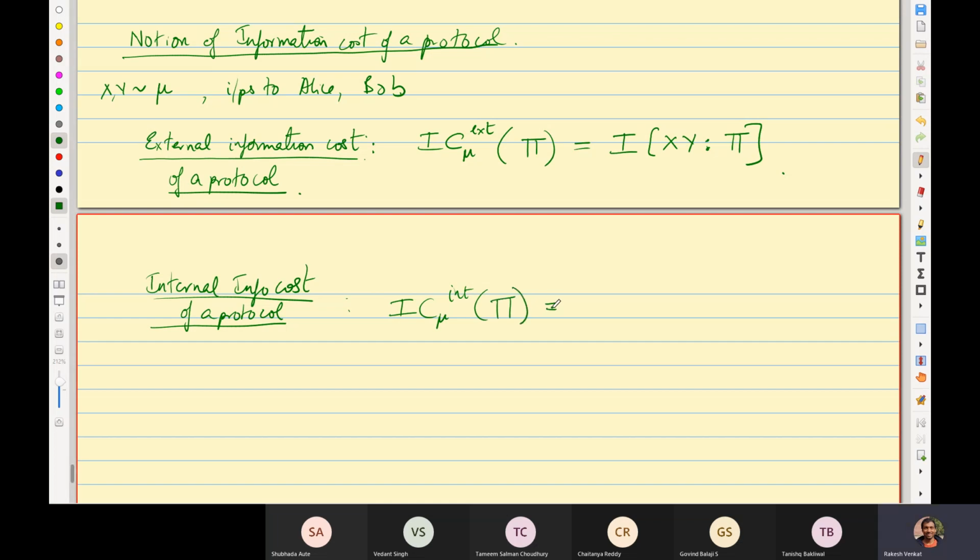Okay, and this is defined as the sum of the information that Alice learns and Bob learns about the other person's inputs given the transcript alone. So if you look from Alice's point of view, what does she have? She has X already, and she wants to learn about Y from the transcript.